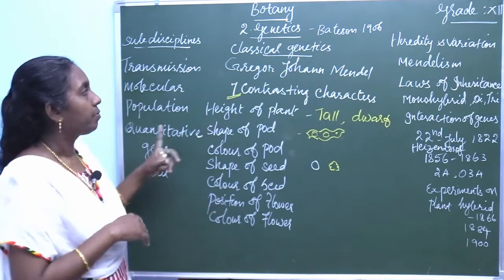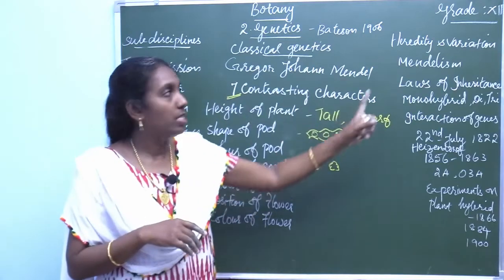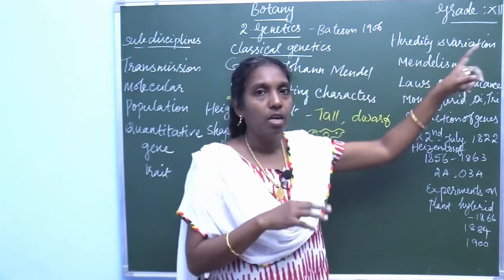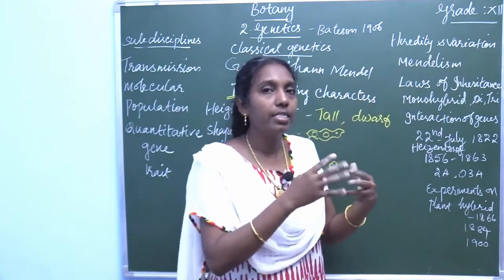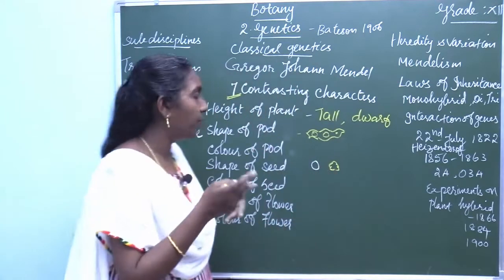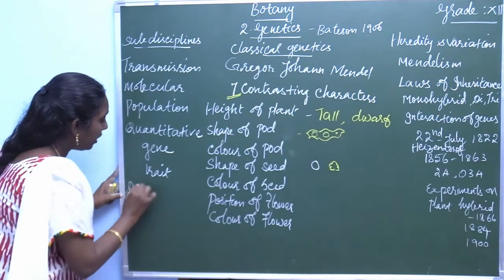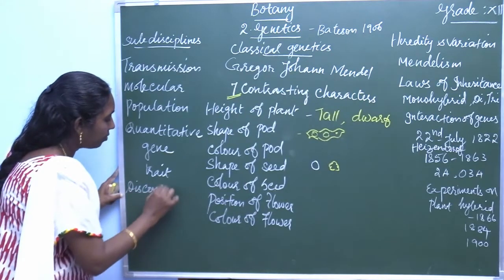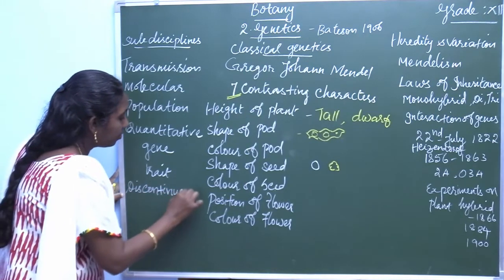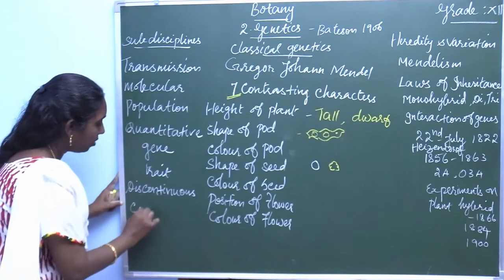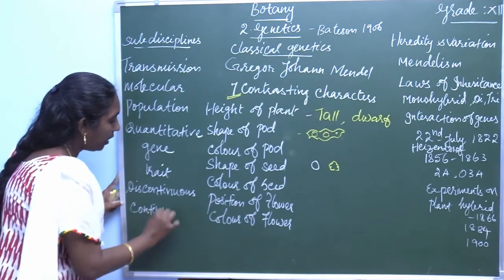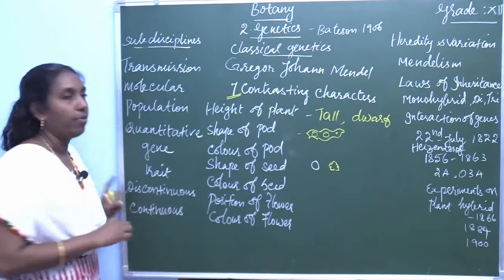Now, genetics deals with heredity and variation, and there are two types of variation: discontinuous variation and continuous variation.